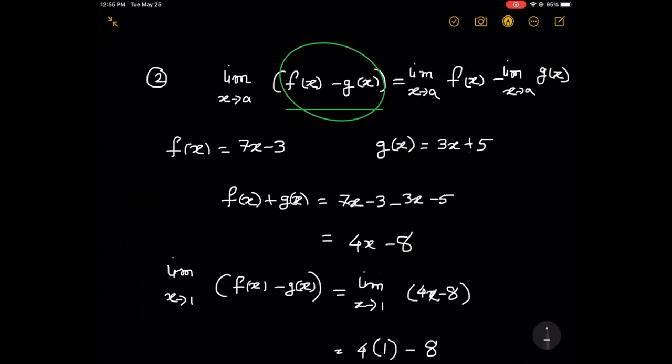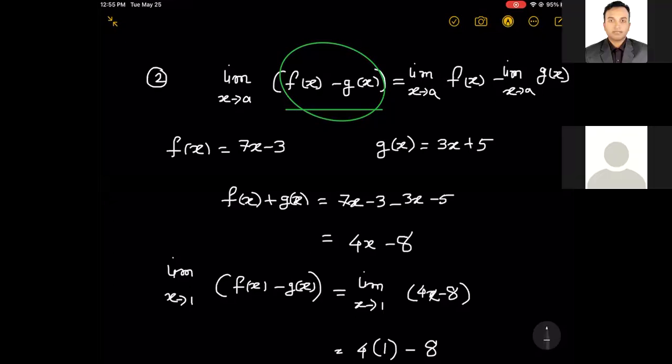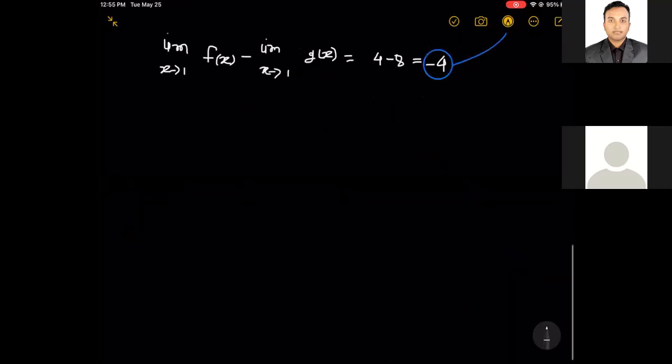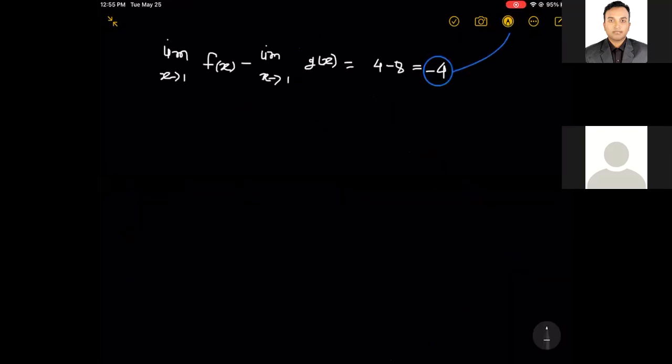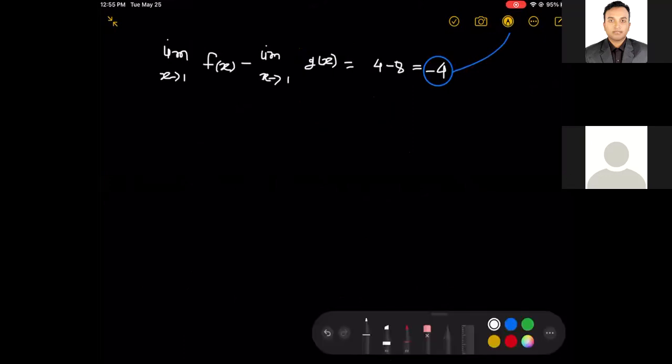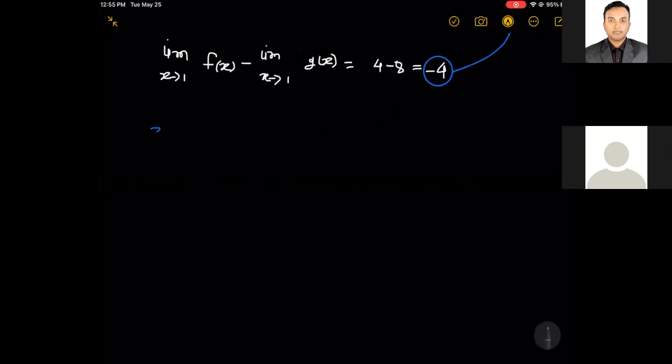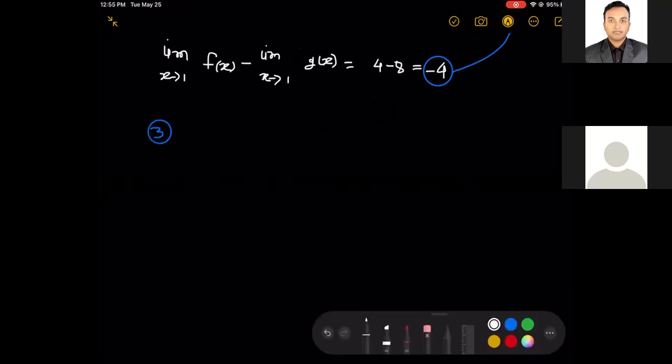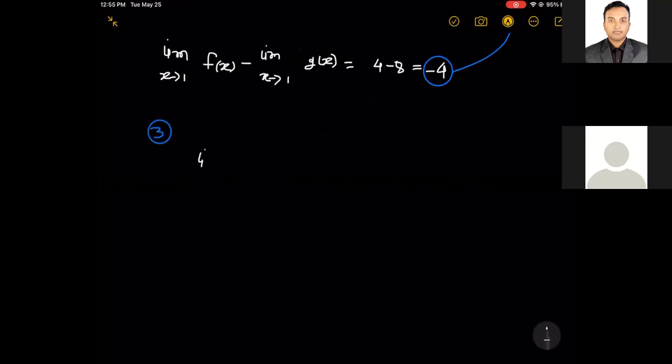It would be the constant multiple, which is c f of x. So I'm going to write it first for you.